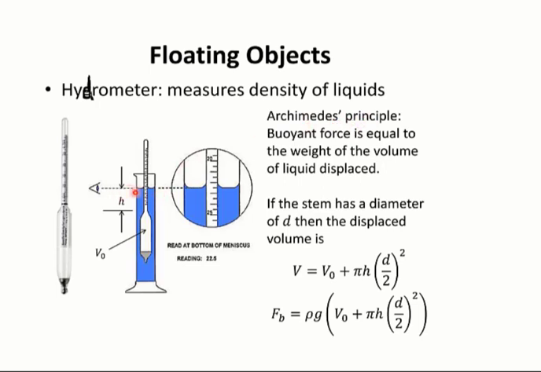At the equilibrium position, the weight of this hydrometer should be equal to the buoyant force. So the force acting on this object due to buoyancy of the liquid should be equal to the weight of this object. From that you can find out the density of the liquid.